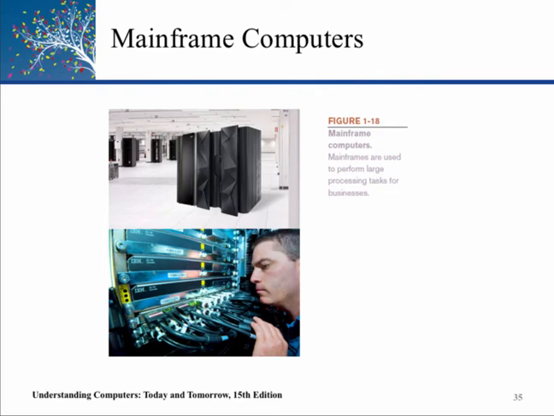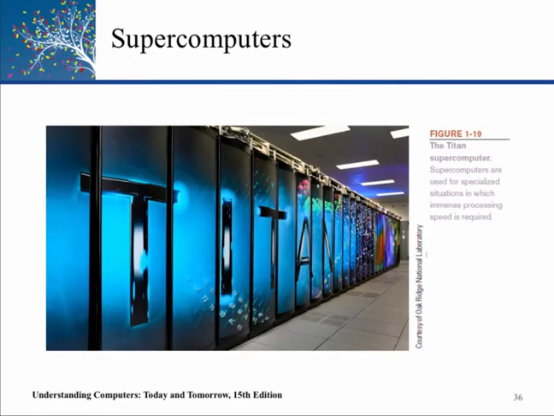Now that is not the end. The next thing we have are supercomputers. And these are the fastest, most expensive, powerful computers. They run one program at a time, and they do it as fast as they possibly can. They typically cost millions of dollars.